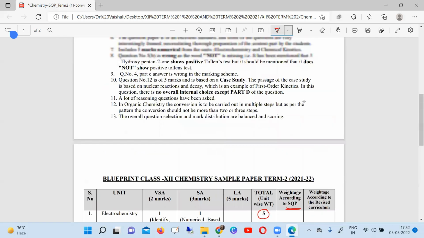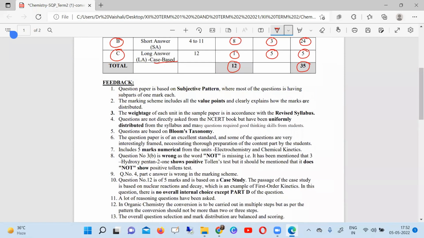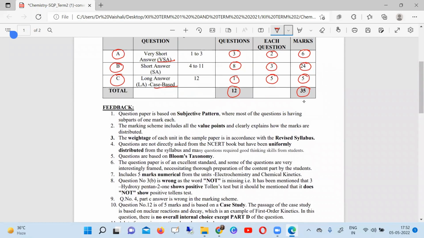So this is the distribution of the question paper chapter wise, just like a blueprint. So what we can conclude about this sample question paper is that it is completely subjective pattern, where most of the questions have subparts of 1 mark each. The marking scheme includes all the value points and clearly explains how the marks are distributed.